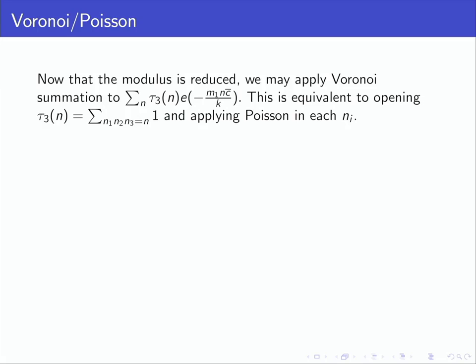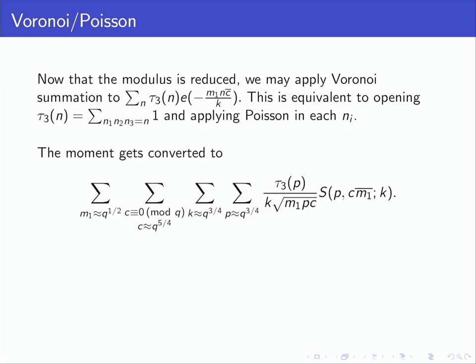Now it's Poisson mod K instead of C. It's another fun calculation with finite Fourier transforms: if you apply Poisson summation three times to something with this particular additive character, you get a different Kloosterman sum back, but now with this M1 bar, and the modulus of the Kloosterman sum is K.